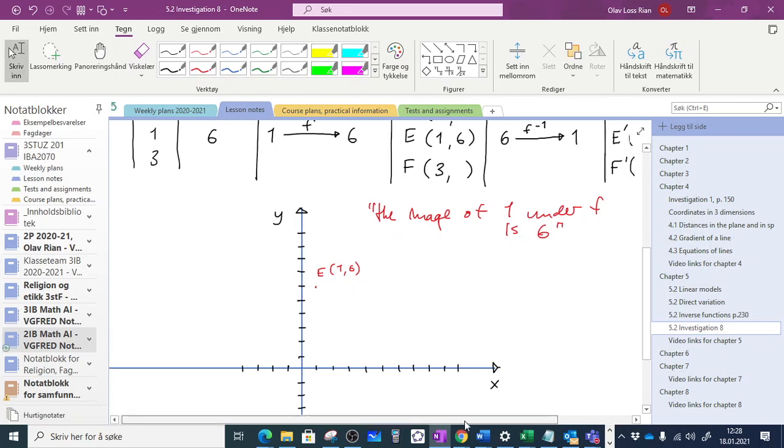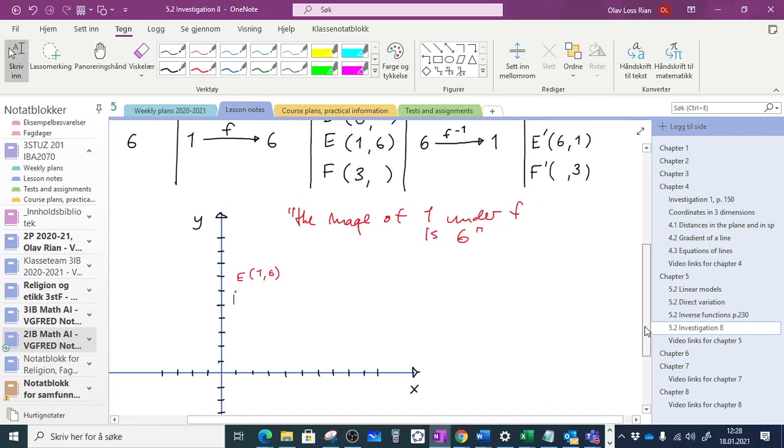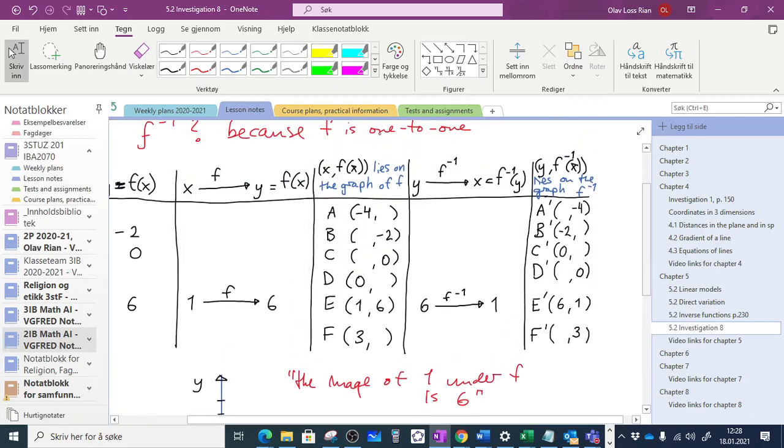Now, further along the table here, we can see the function is being inverted. So the image of y under the inverse function is x, which is the opposite operation of the image of x under f is y. So we're going backwards. So the image of 6 under the inverse function is 1. And we get an inverted point as well.